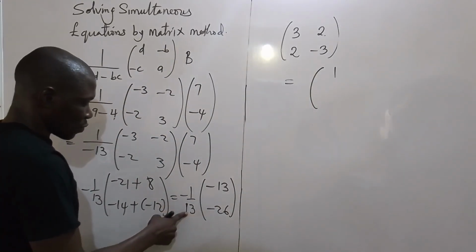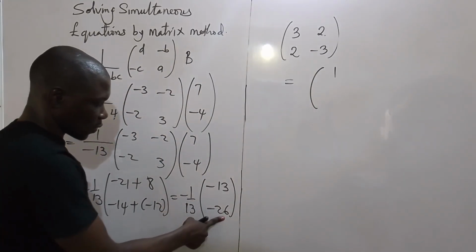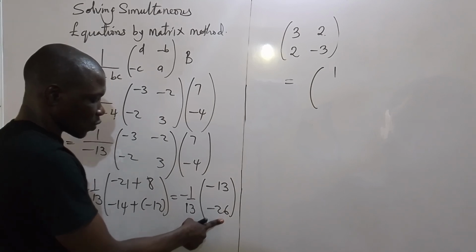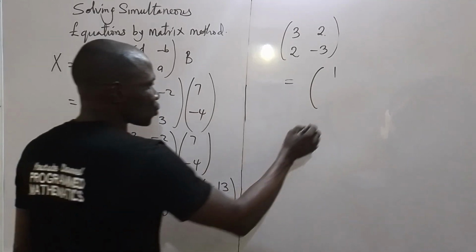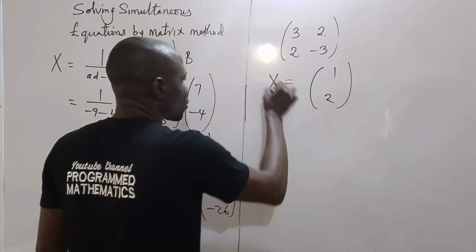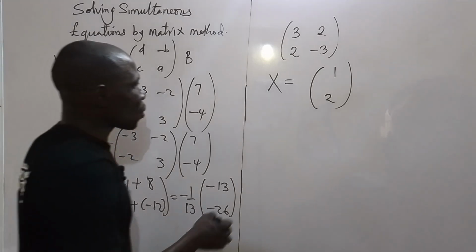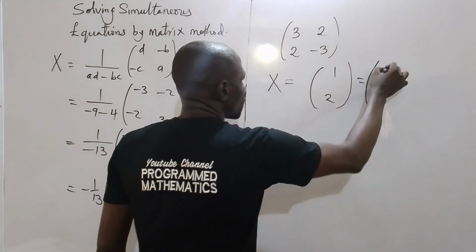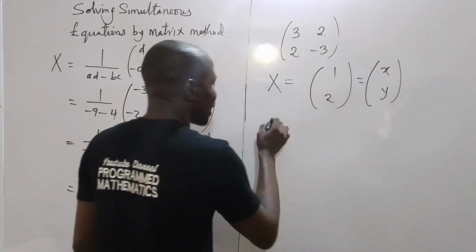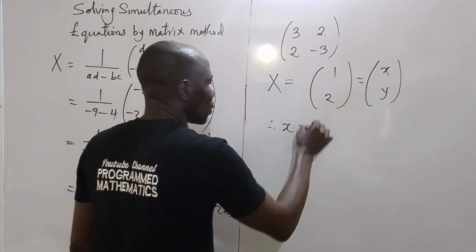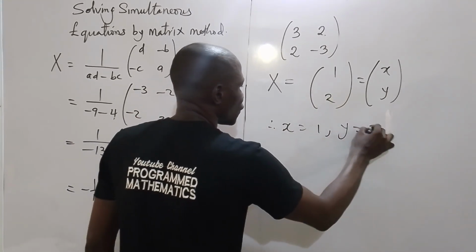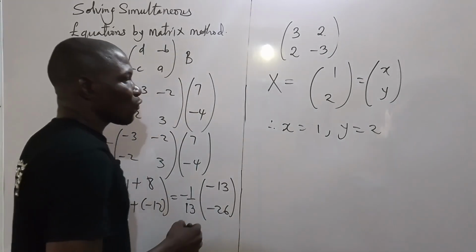And of course, minus 1 over 13 times minus 26, that is minus 26 over minus 13, that is 2. Which means matrix X in this case is 1 and 2. This is also the same as X comma Y, and that simply means X is equal to 1, Y is equal to 2. And you can confirm that.